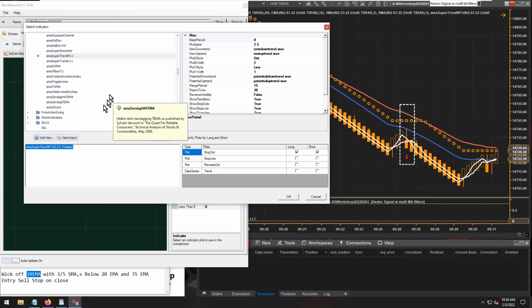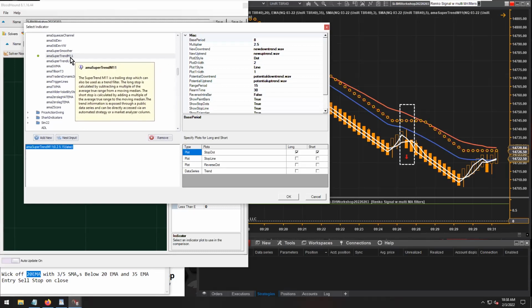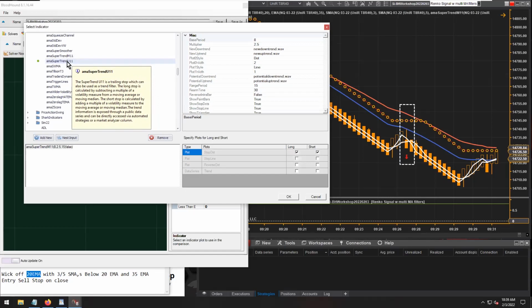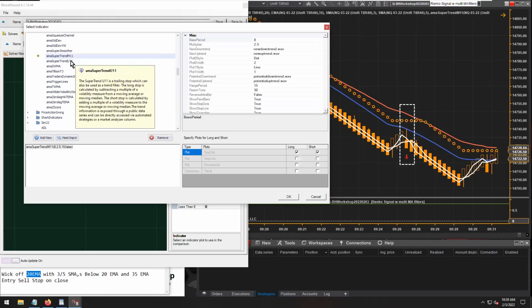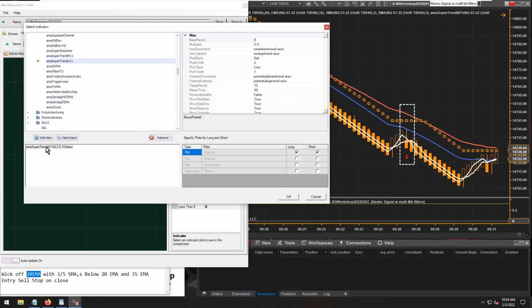Although if you don't have the M11, when you open this BloodHound template, BloodHound will open a specialized window so you can replace missing indicators, such as replacing the M11 with the U11.